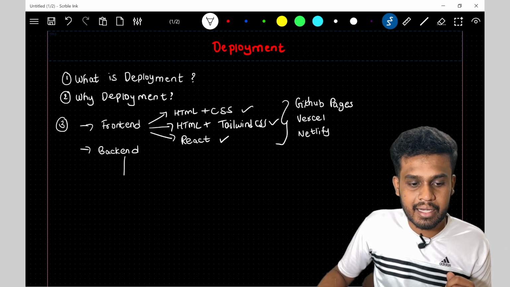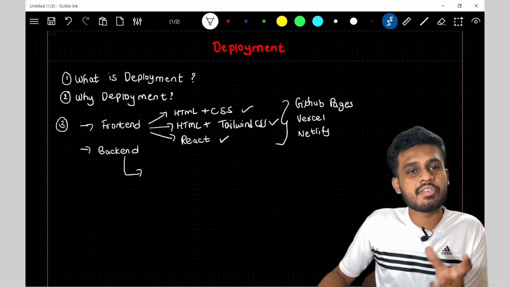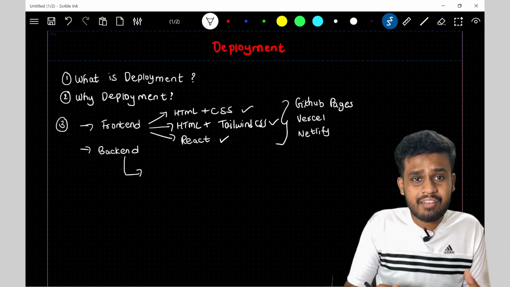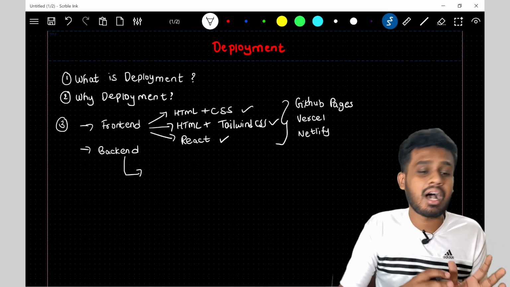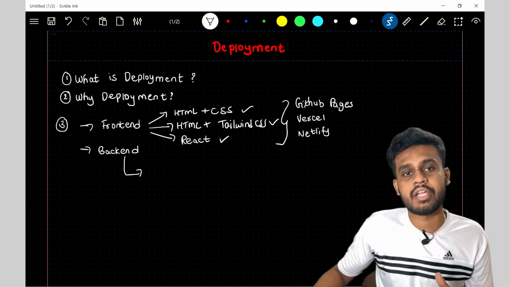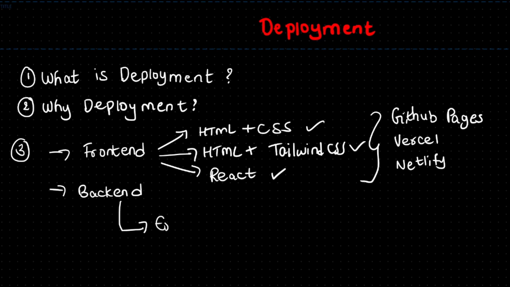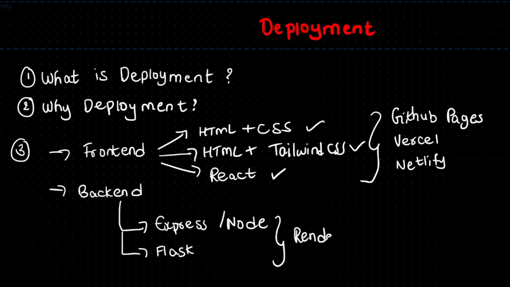Next comes the back end. In the back end there are two main players I must talk about, because entry-level or student-level projects are mainly built on these two frameworks. One is Express or Node.js applications, and next comes Flask applications. I will be deploying these two on a platform called Render.